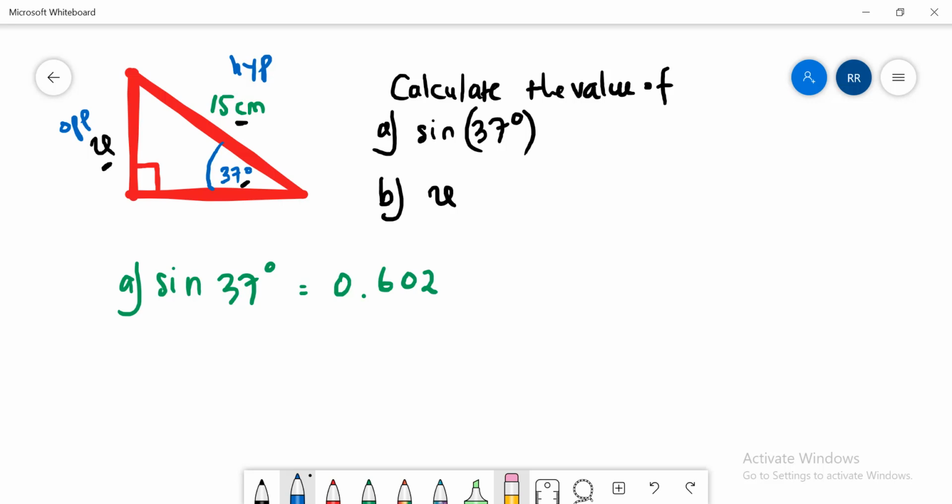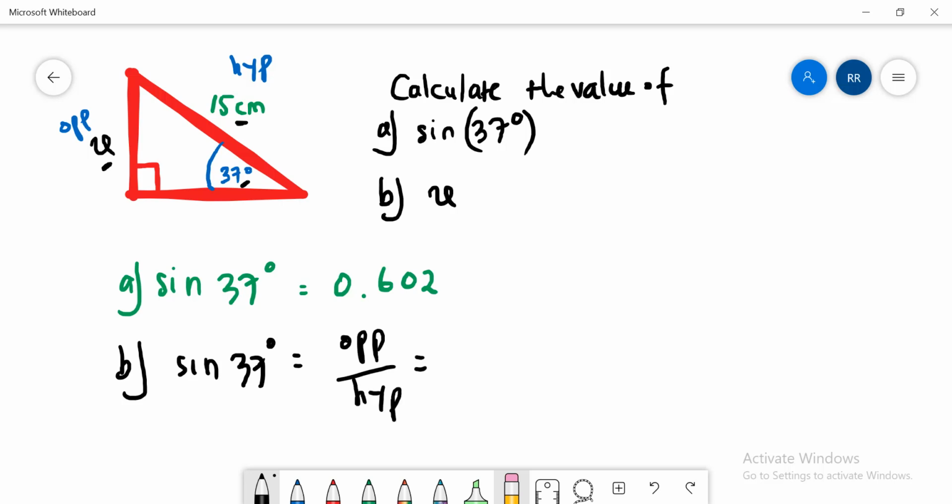As we know that the angle is 37 degrees, if I write it down, the sine of 37 degree will be equal to the opposite over the hypotenuse. And we know that the opposite is x and the hypotenuse is 15.